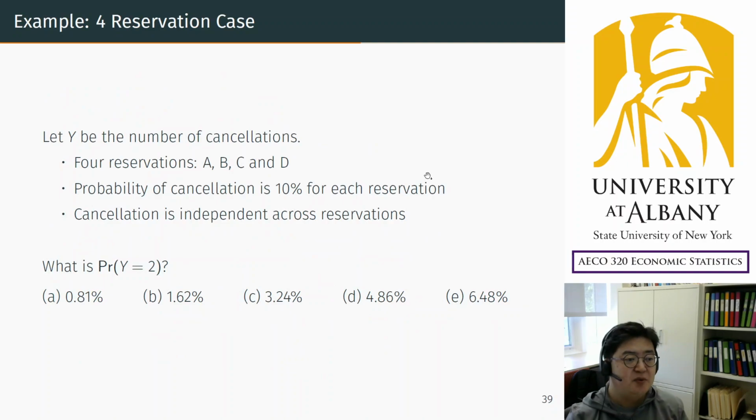So I am going to generalize that idea to the 4 reservations case. Now I generalize the example one step further.